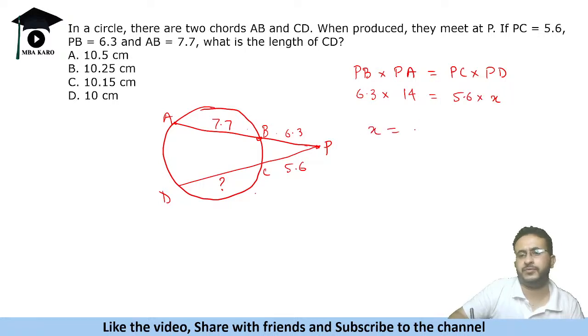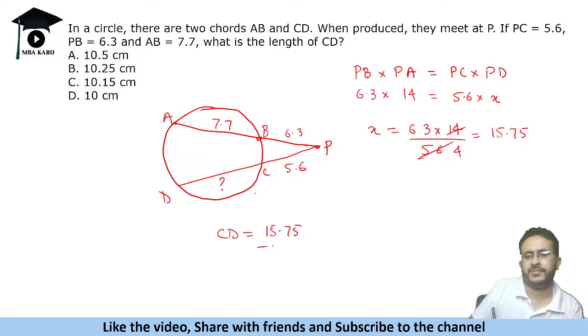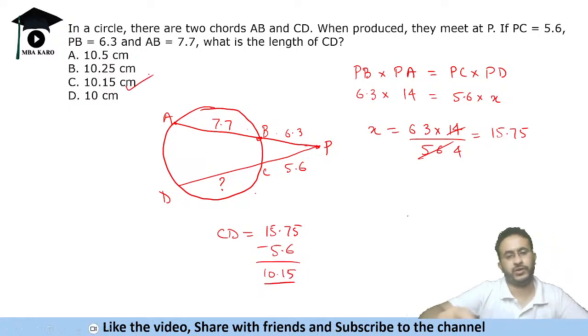So X will be equal to 6.3 into 14 by 5.6, which is 15.75. So X is 15.75. Now CD is equal to 15.75 minus 5.6, which is 10.15 centimeter. Okay, so that is the theorem on chords.